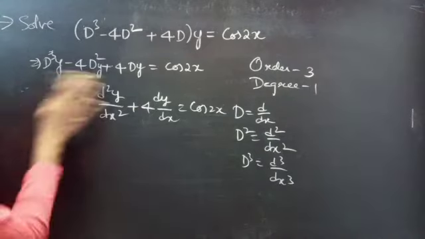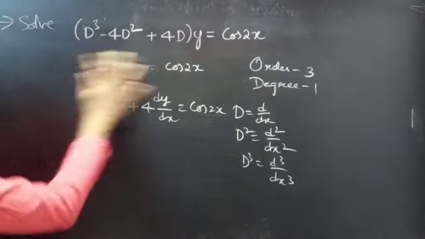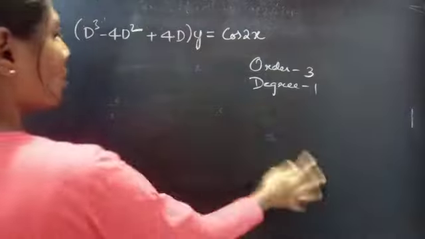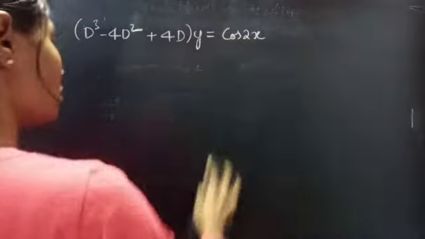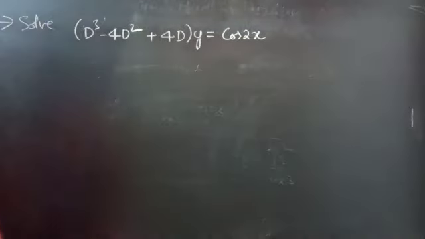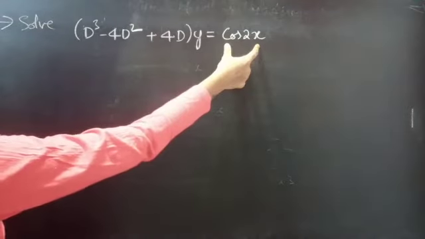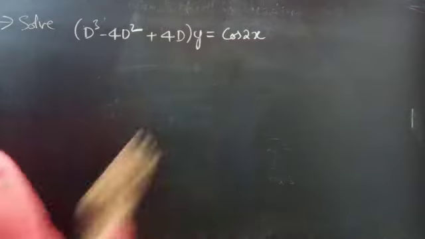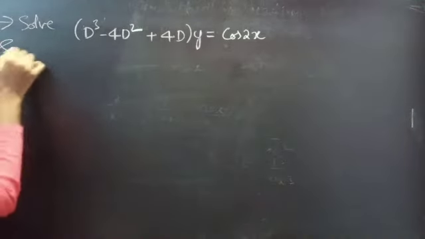Now coming to the problem. We are given a differential equation which is in operator form, and also it is in f of D into y equals Q form, where Q is in cos ax form, right? Solution.